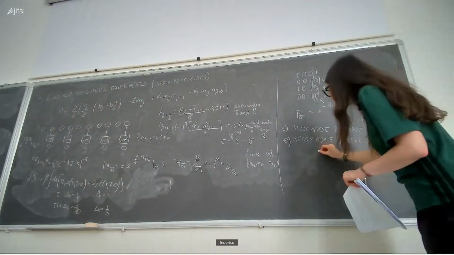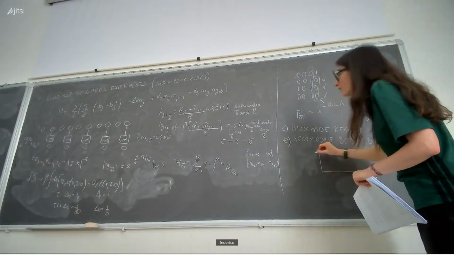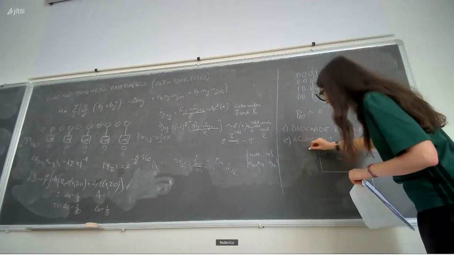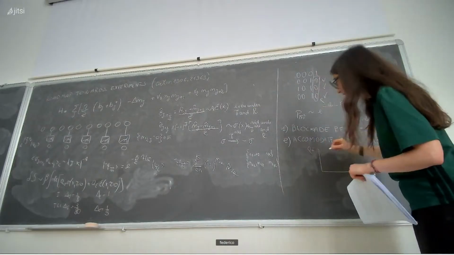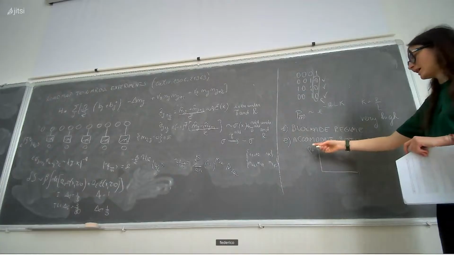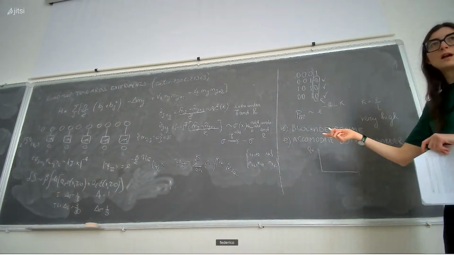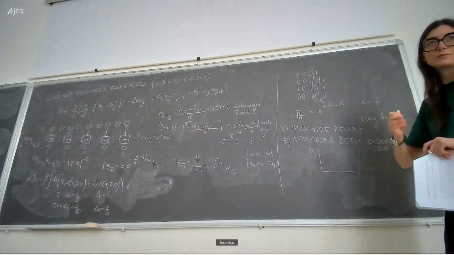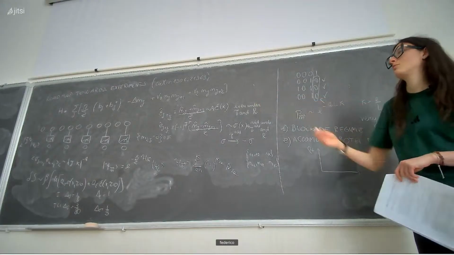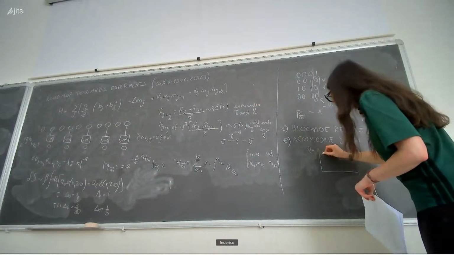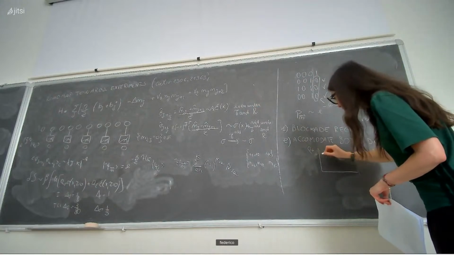If we plot this conditional probability for that outcome, we call it P of k, the probability that I measure 0 at the site k, given that I have 0 up to the site k minus 1, so in this case 2k minus 2, it had this behavior.